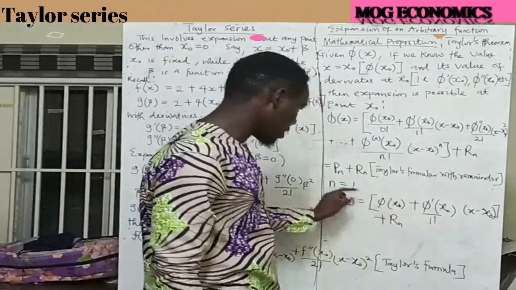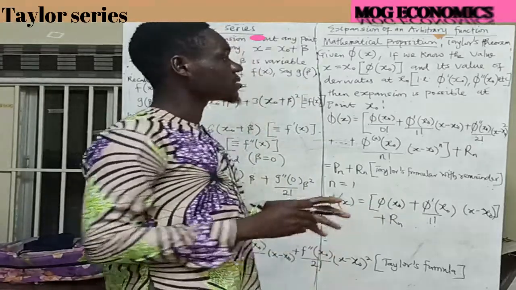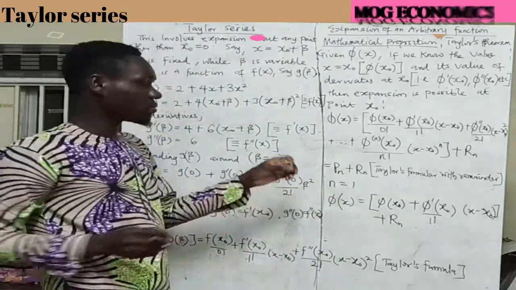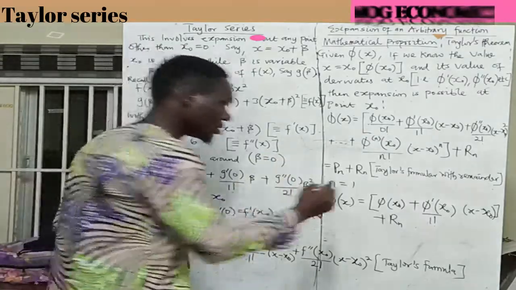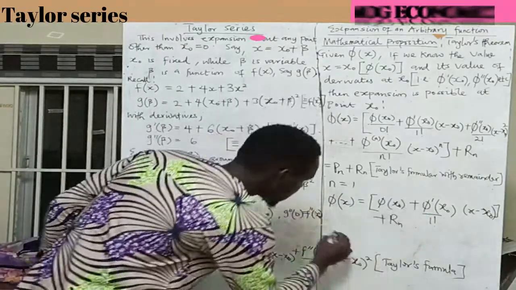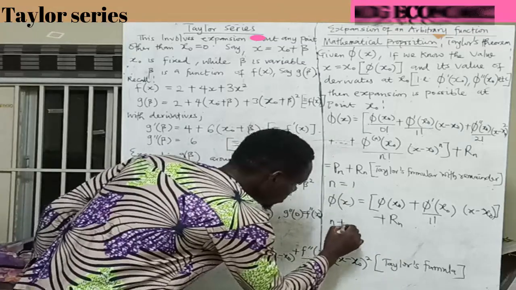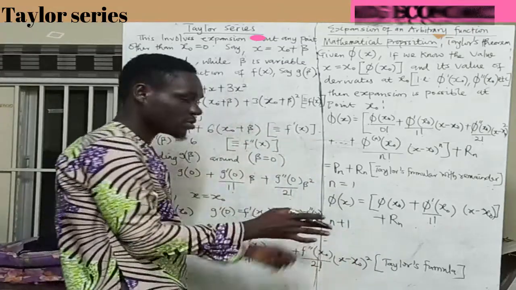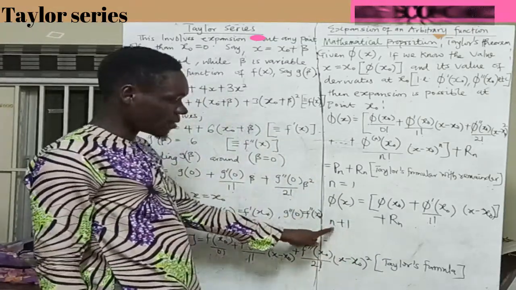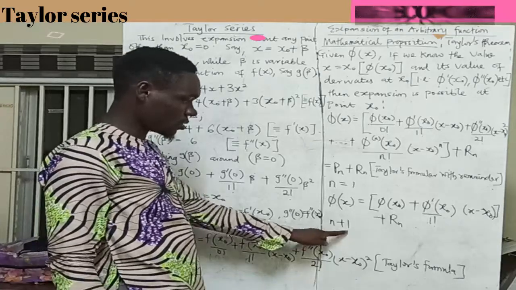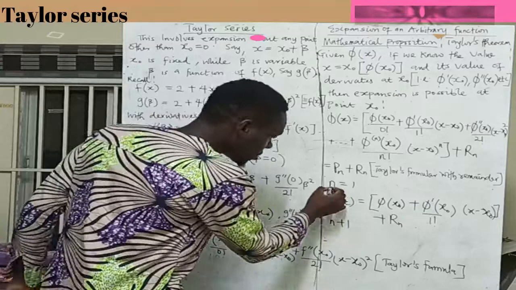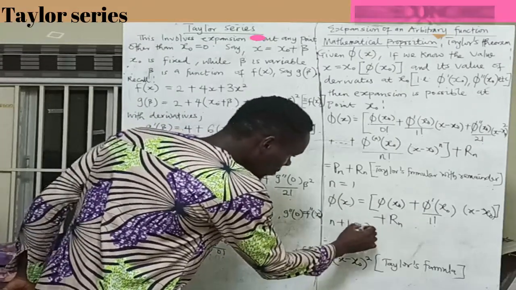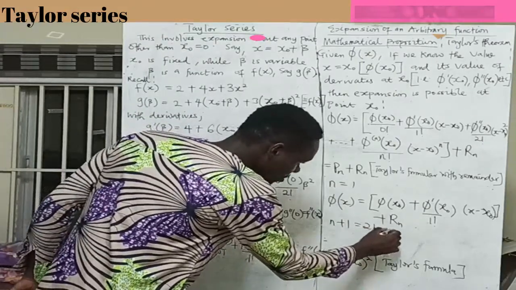Now this is just to determine the number of terms or the order of a particular series, whether it is Maclaurin or Taylor. There is a simple formula to determine that, and that's just n plus 1. This plus this will tell you the number of terms you will have. So if n is given to be 1, it means you are going to have 2 terms.